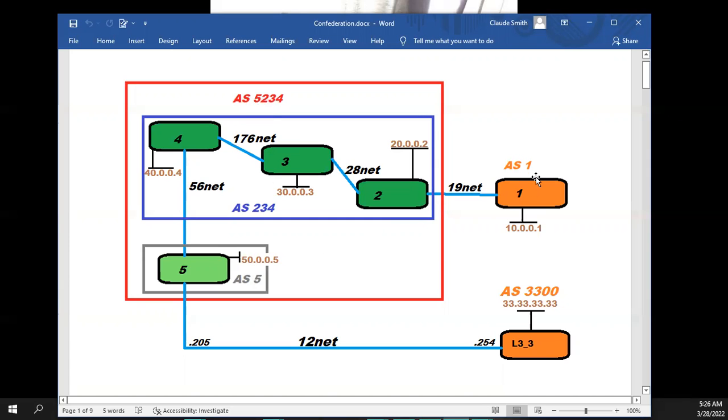And here on the outside world, we have Autonomous System 1 and Autonomous System 3300. Now, these autonomous system numbers are clearly made up. These aren't real world autonomous systems.